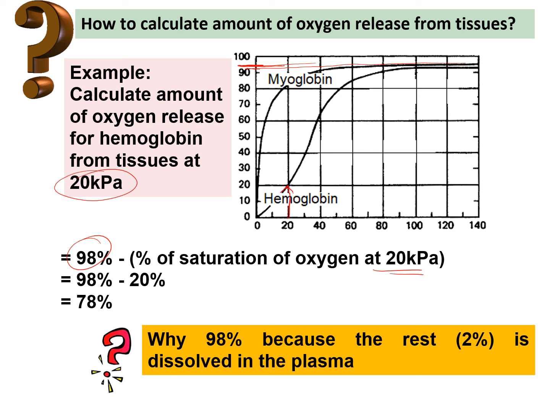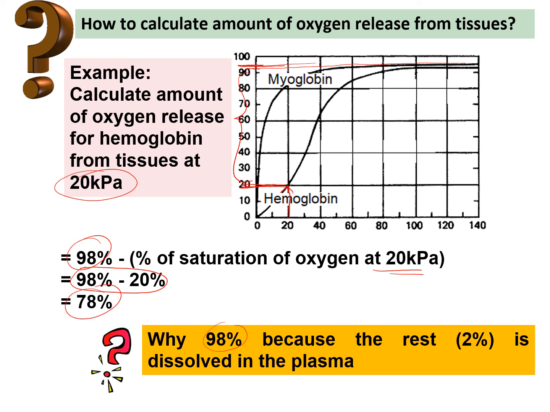So at 20 kPa, what is the percentage of hemoglobin saturated with oxygen? So this is how many of the oxygen is released. Then that's why we have to minus 98 with 20. Then we get the 78%.